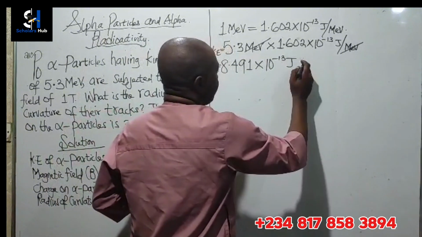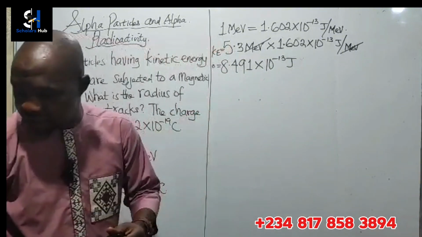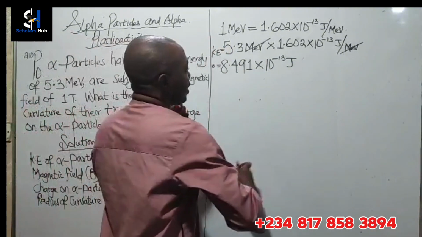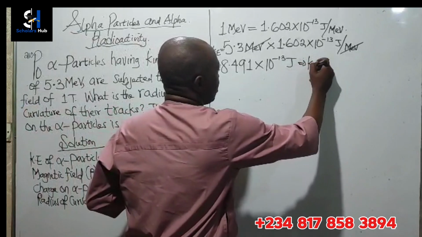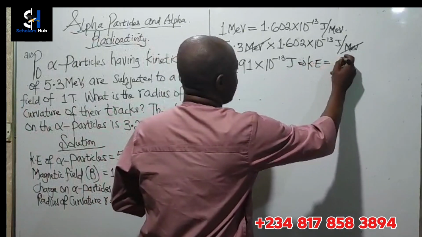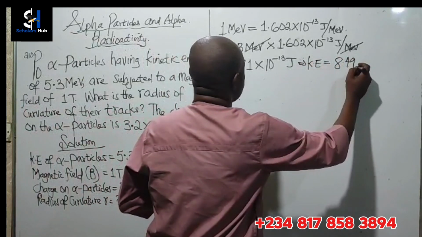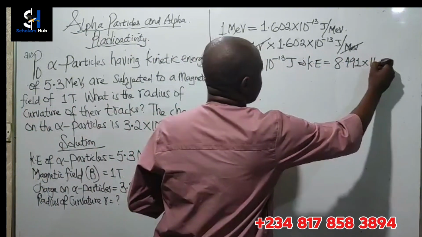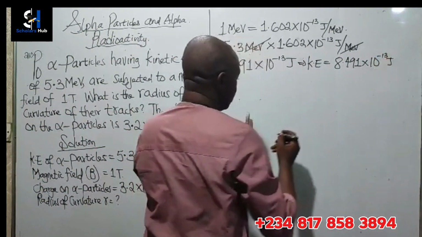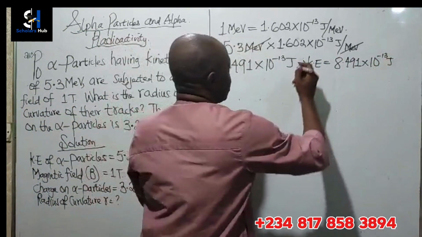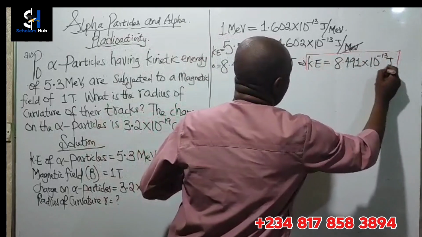Now this is the kinetic energy. We have the kinetic energy to be 8.491 times 10 raised to the power of minus 13 joules. So that's the kinetic energy.